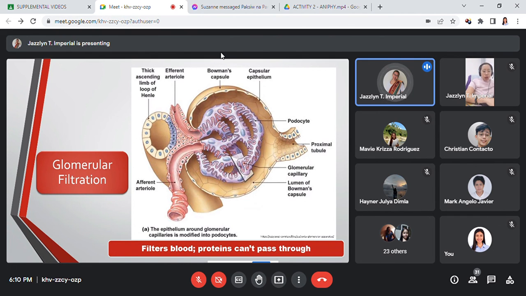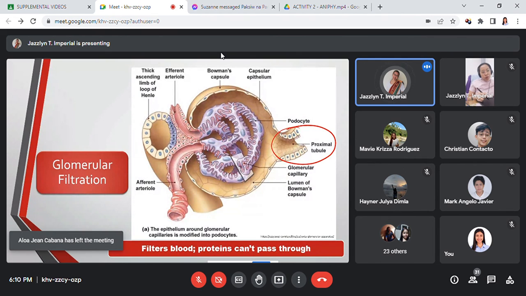So the epithelium around your glomerular capillaries is modified into forming podocytes. So podocyte is composed of capillaries. Okay? So puro capillary. So you have the glomerular capillary. So you will see kung saang part class nag-exit yung filtrate papunta sa proximal tubule.